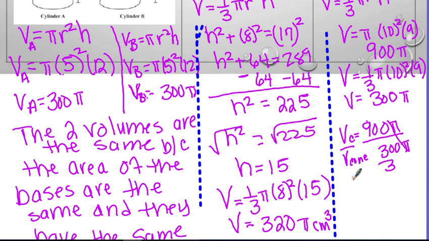So the volume of the cylinder to the volume of the cone is 3/1. So that means if I take this one down here and multiply it by 3, I'm going to get this one. And if I take this one up here and divide it by 3, then I'm going to get this one. So that's all that means. So we compared those two.